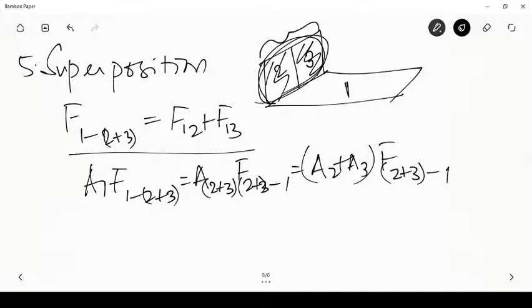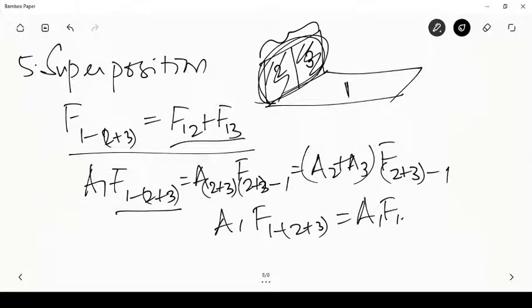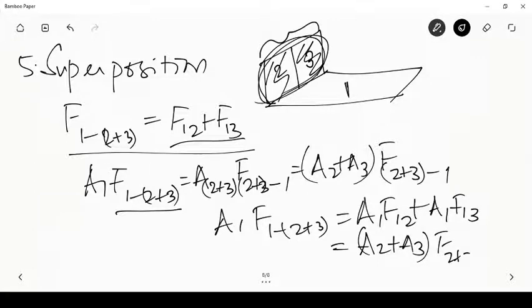And now if I substitute for this expression from this, then I'll get A1 F1 to 2 plus 3 is equal to A1 F12 plus A1 F13, that is equal to A2 plus A3 into F2 plus 3 to 1.